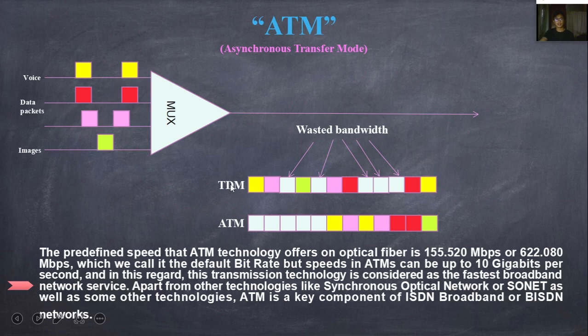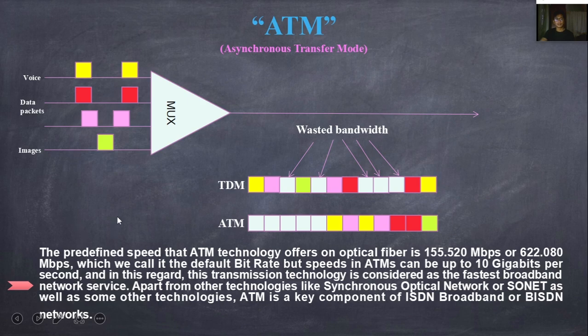Here it shows the wasted bandwidth present in TDM, which is a lot of wasted bandwidth. But in ATM, there is less wasted bandwidth and more on transmission, sending data which is more accurate.